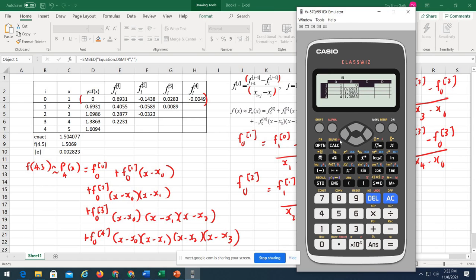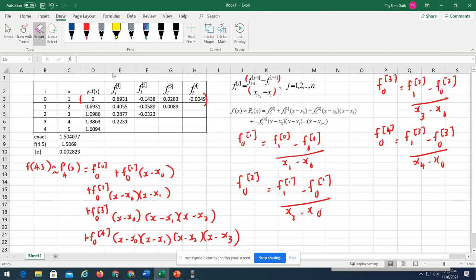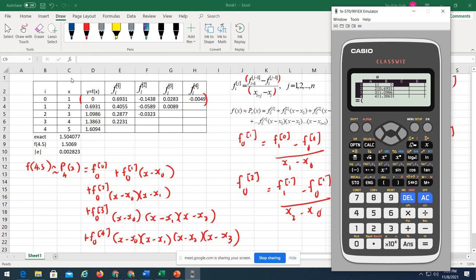But you see the equal is a red color, so you press alpha equal, then same thing, bracket. Remember just now your F01, let me see. Let me erase. Your F01 here, you compare with the calculator here.